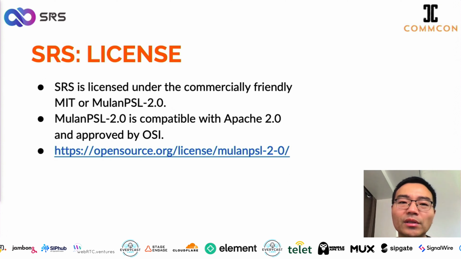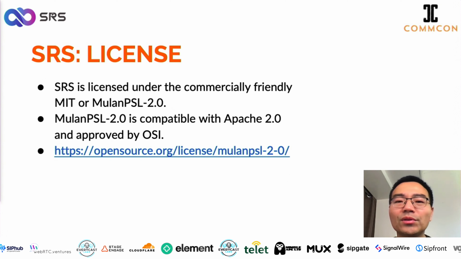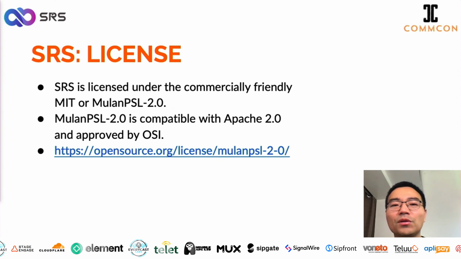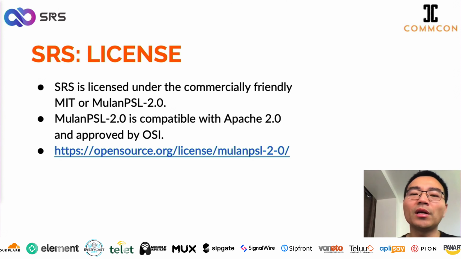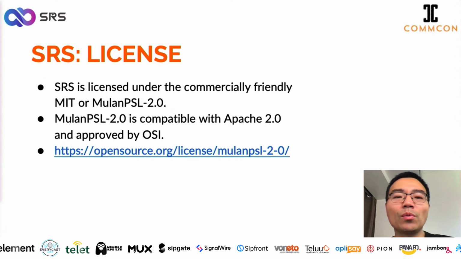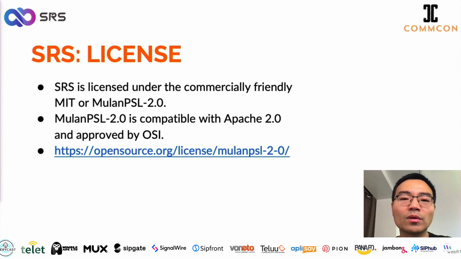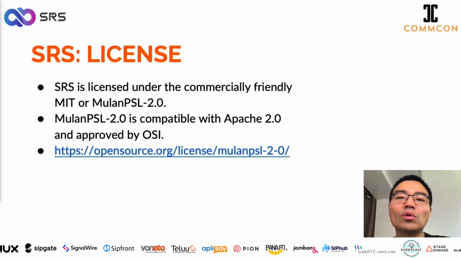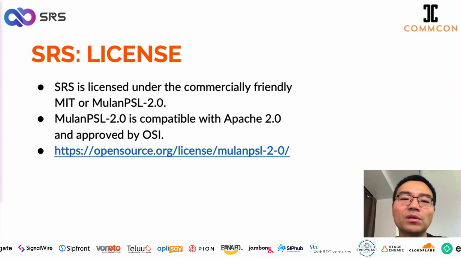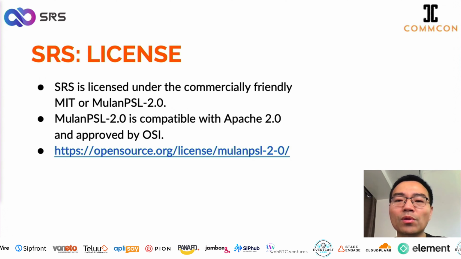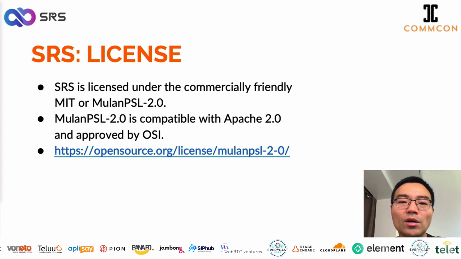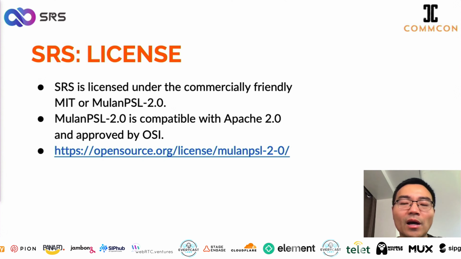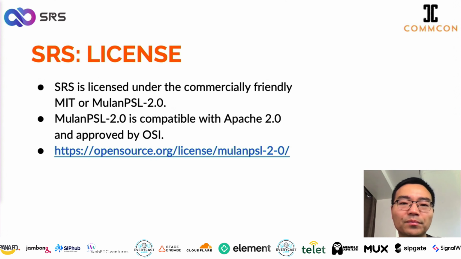About the SRS license. SRS is licensed under the MIT or Mulan PSL license. It's important to know that the MIT license is compatible with Mulan PSL. The Mulan open source community created the Mulan PSL license, which is the first license available in both Chinese and English. Additionally, the OSI has approved this license.